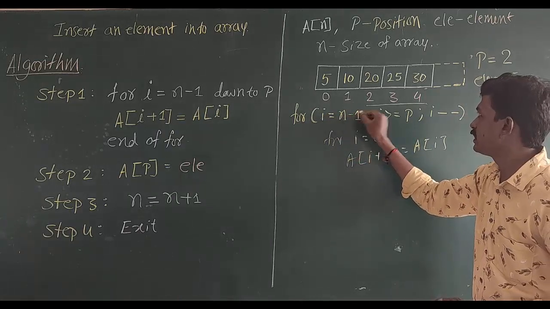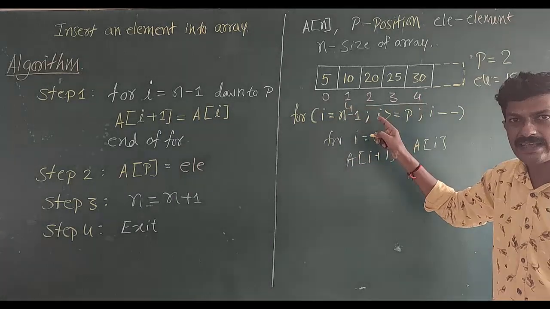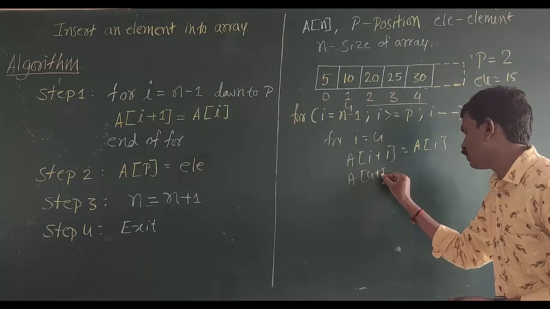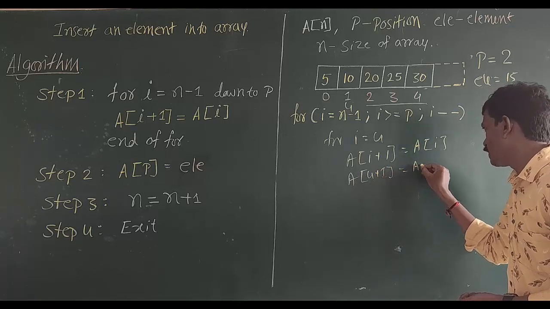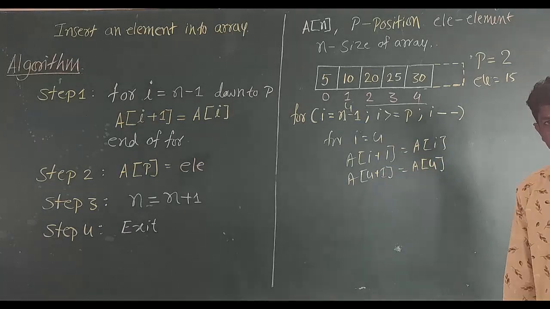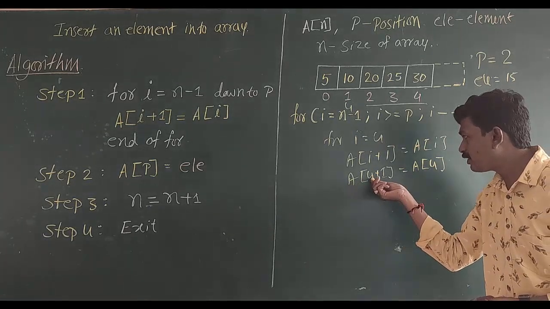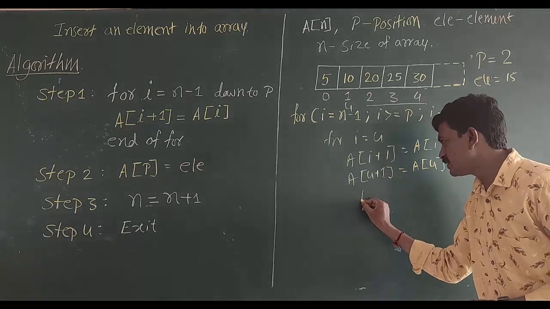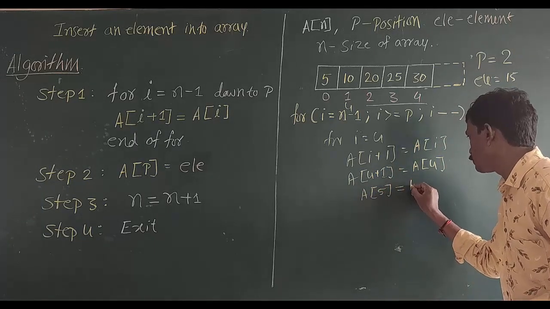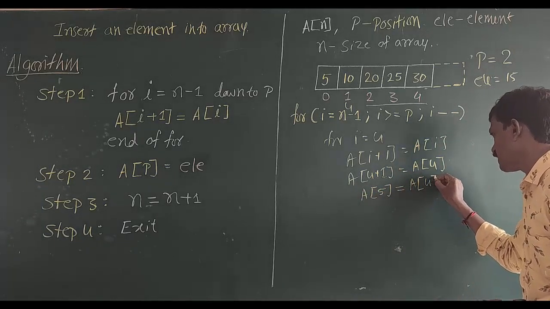Initially n minus 1 is 4, so the i value is 4. A of 4 plus 1 is equal to A of 4, which means A of 5 equal to A of 4.